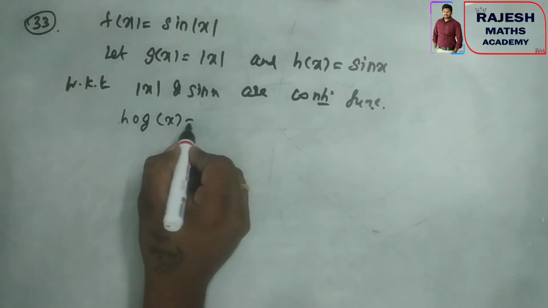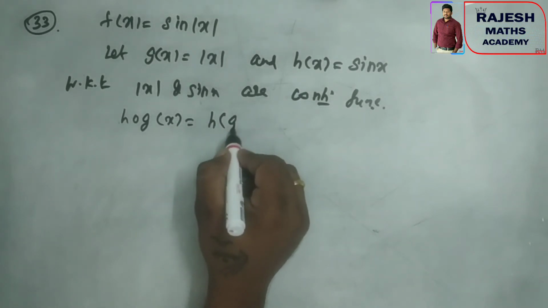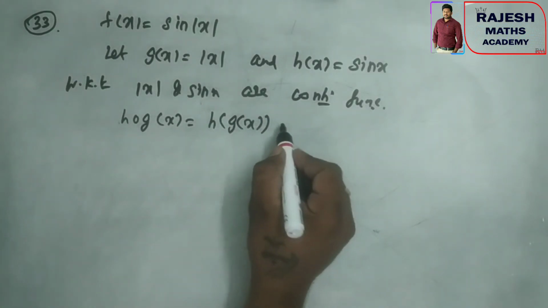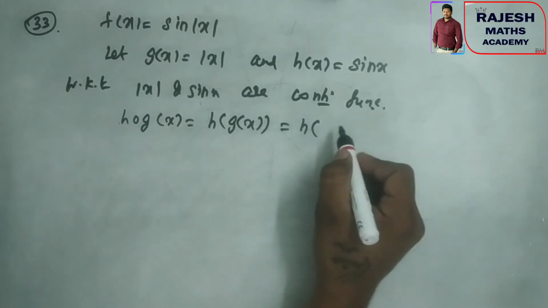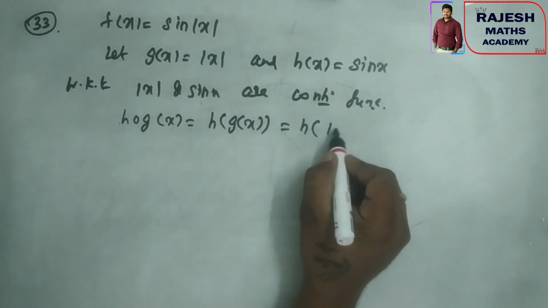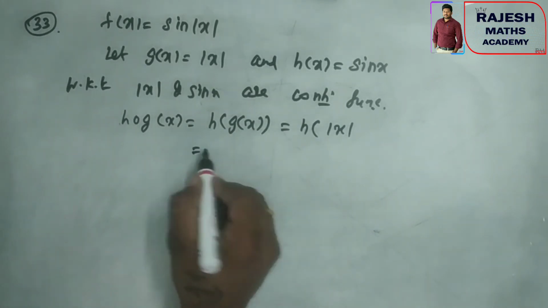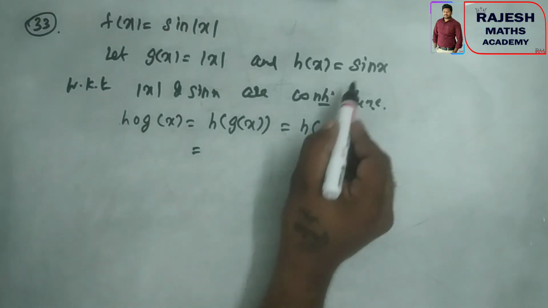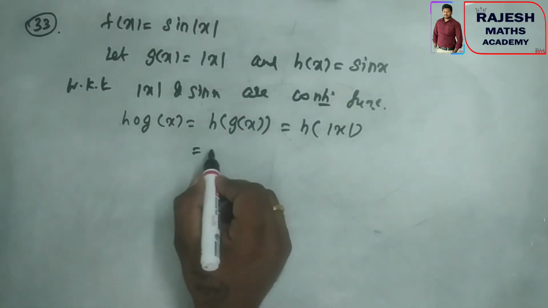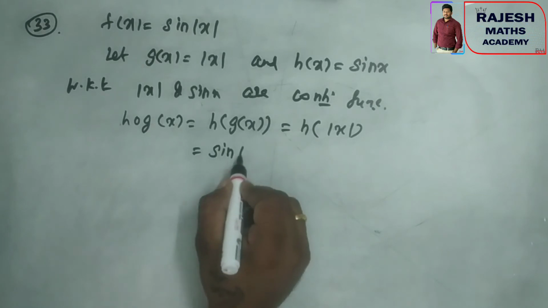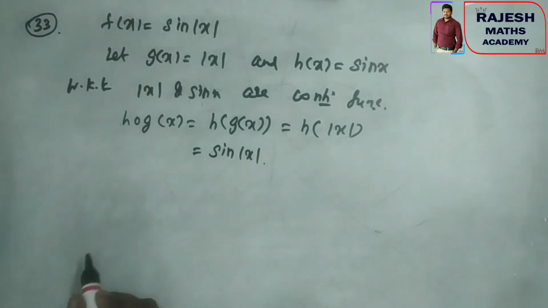What is h composition g? h composition g of x equals h of g of x. I am replacing the g of x value, which equals modulus of x. Now h of x is sin x, so replacing x with modulus of x, we get sine of modulus of x.